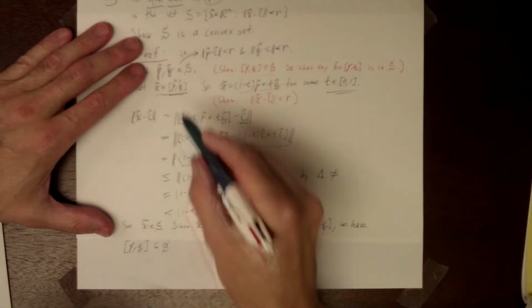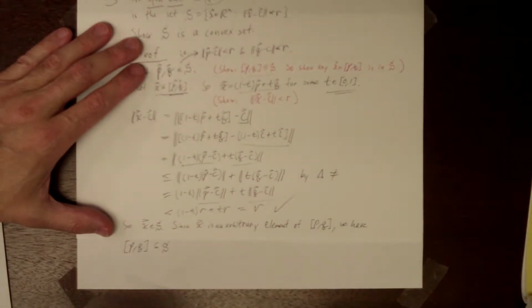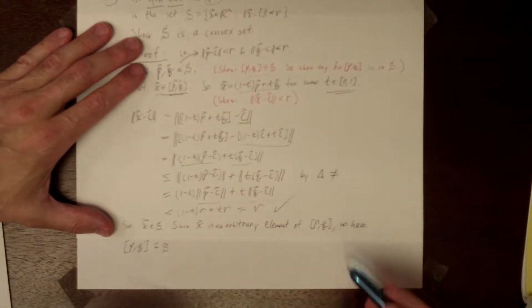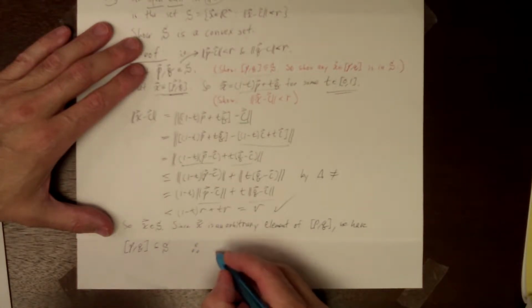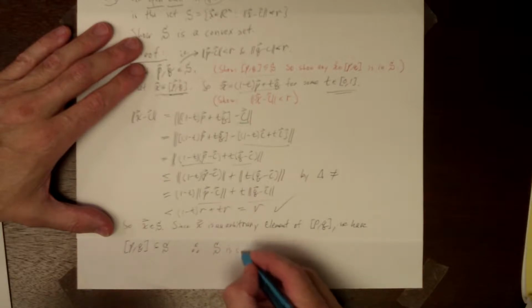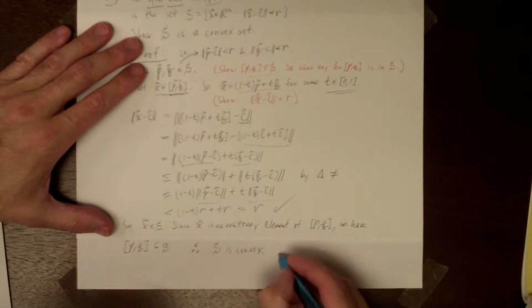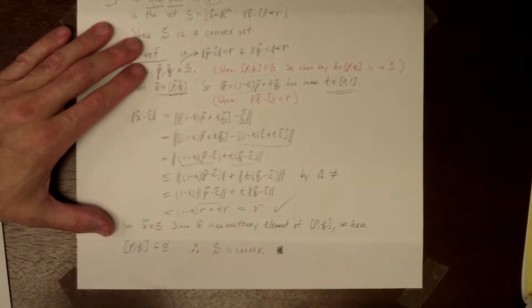Any line segment connecting any 2 points in S is a subset of S, convex by definition. Therefore, S is convex. And I make a little square here just to indicate that the proof is done.